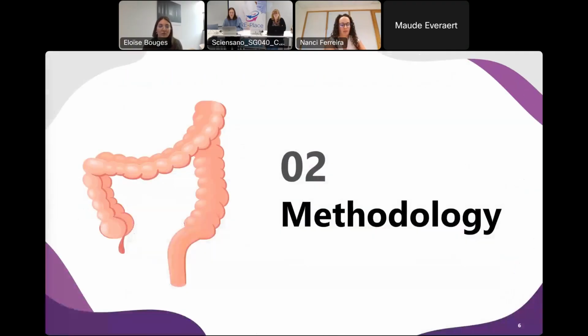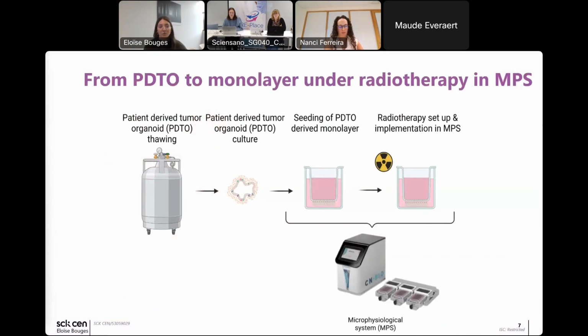So for more methodology now and some idea of the workflow of my project. We're working with what's called patient-derived tumor organoids that we keep in culture, and we then use them to seed monolayers to create a monolayer model. When we have this monolayer model, we're then able to put it under a radiotherapy setup, to represent the treatment that a patient would go through.